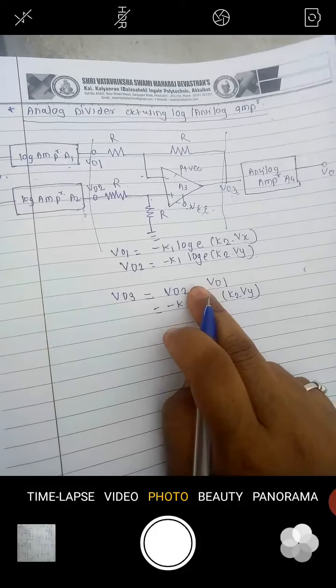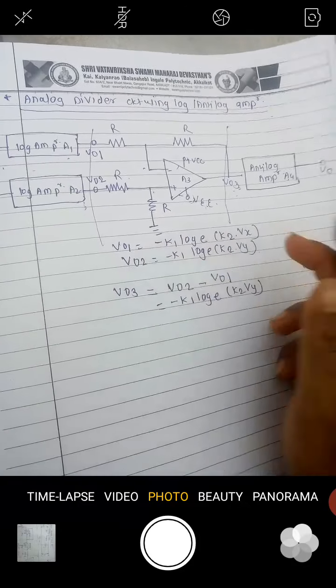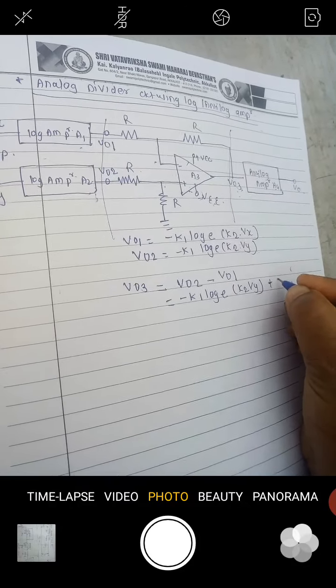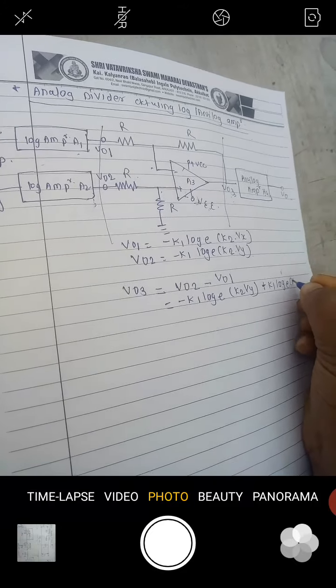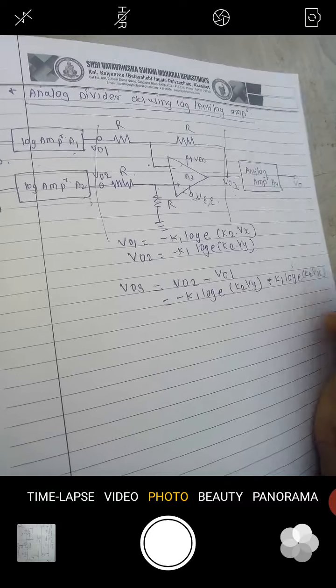Here this minus and this minus get plus, K1 log e K2 into Vx.